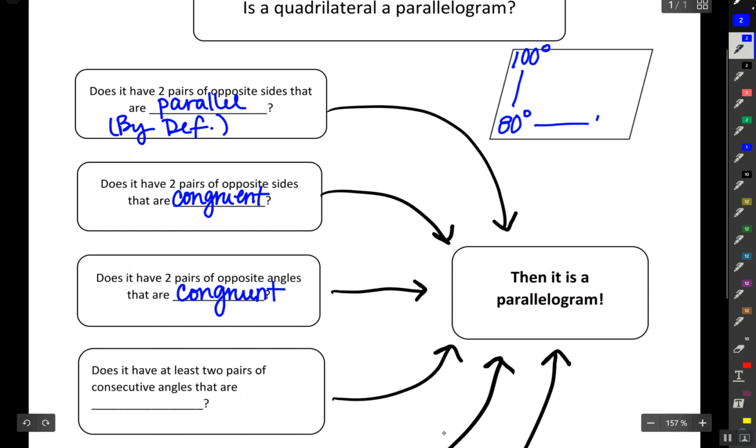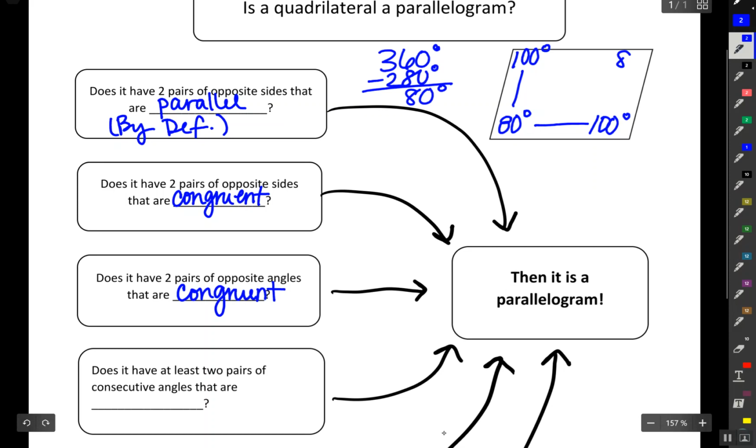If we know, say for example, that this is also 100, then we have two pairs of consecutive angles. Then we know that the angles in a quadrilateral add up to 360. If you do the math here, 280 in this example, we subtract, we get 80.